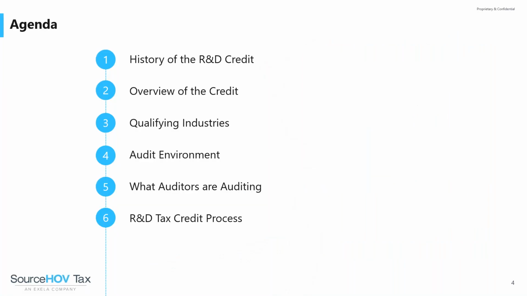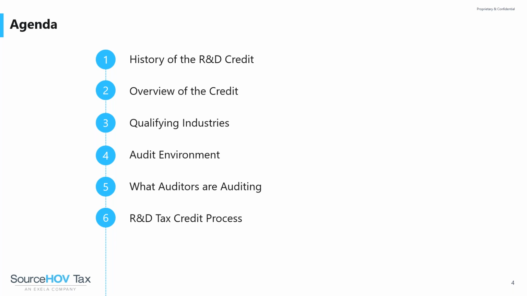In terms of an agenda today, we're going to be going through the history of the R&D credit, so you guys have a little bit of background on how it came to be, what the motivation was, and ultimately what it looks like today. Then the overview of the credit itself, that includes how we qualify projects, what sort of expenses qualify, and then ultimately how we generate the credit itself.